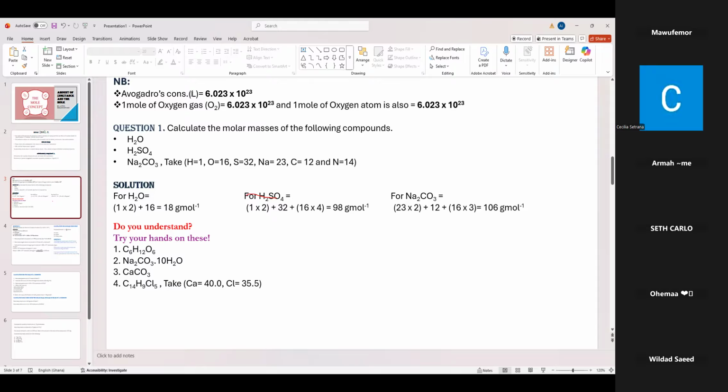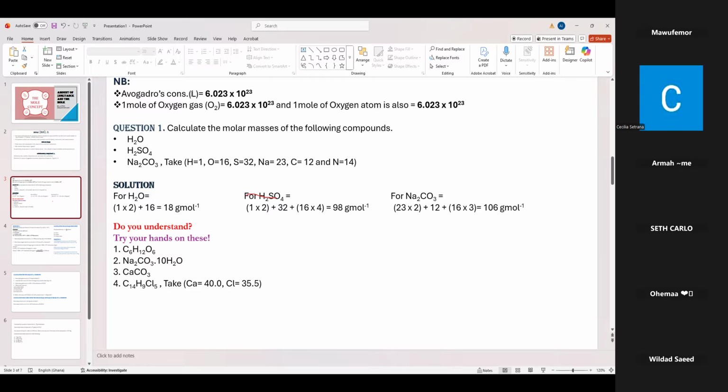if you look at the solution for the first example, water, the molecules that make up water are hydrogen and oxygen. The atomic mass for hydrogen is 1, and the atomic mass for oxygen is 16. Water has 2 atoms of hydrogen and 1 atom of oxygen.